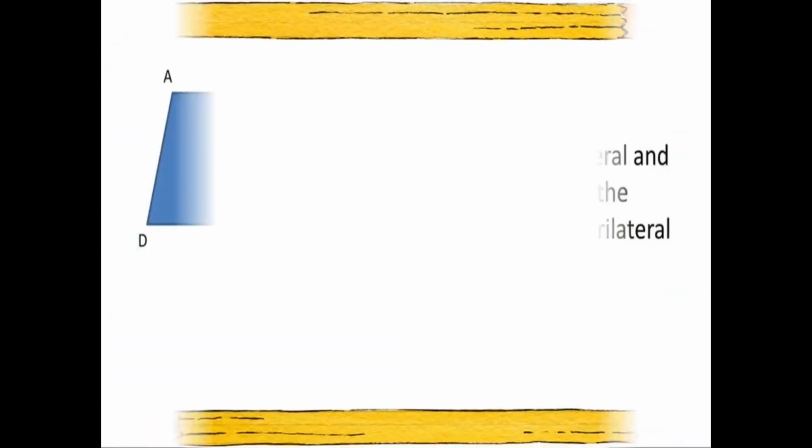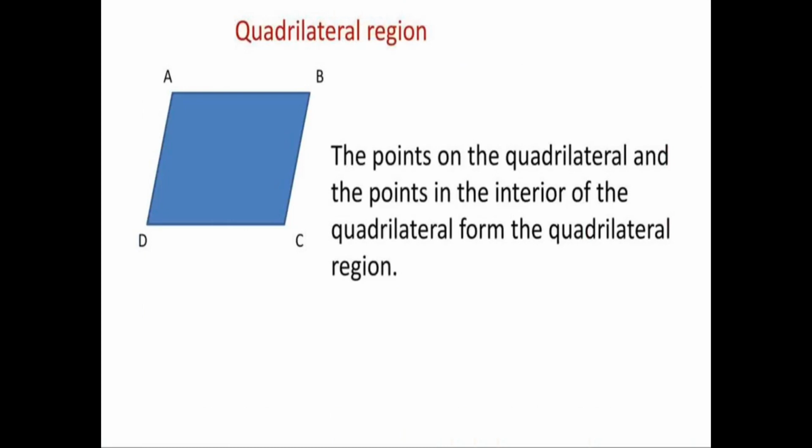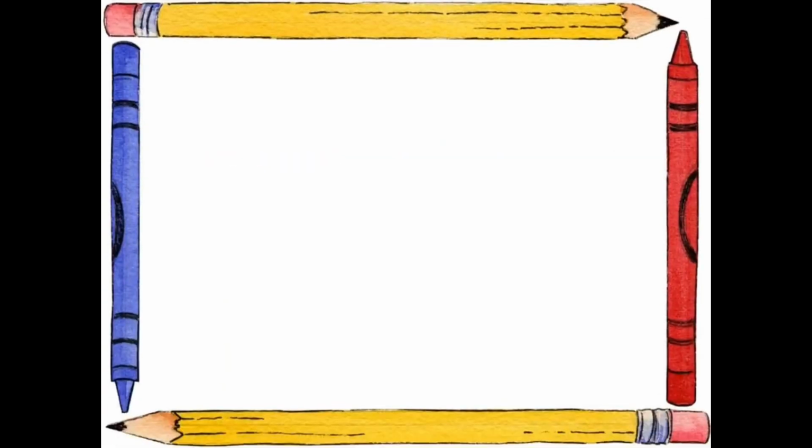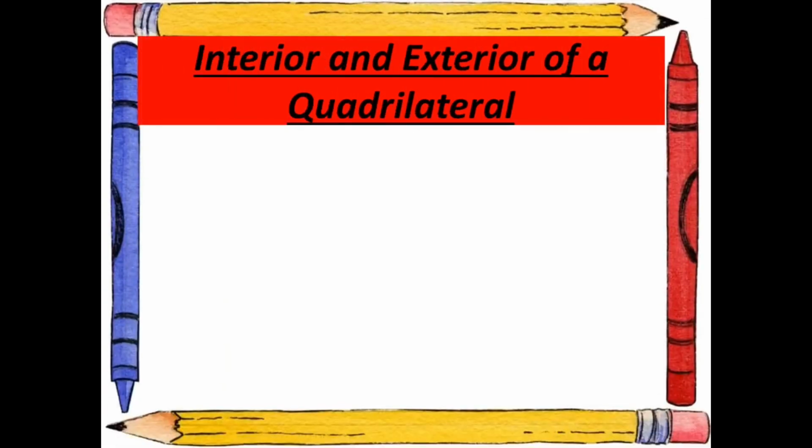Next topic is quadrilateral region, and it says that the points on the quadrilateral and the points in the interior of the quadrilateral form the quadrilateral region. Next topic is interior and exterior of a quadrilateral.